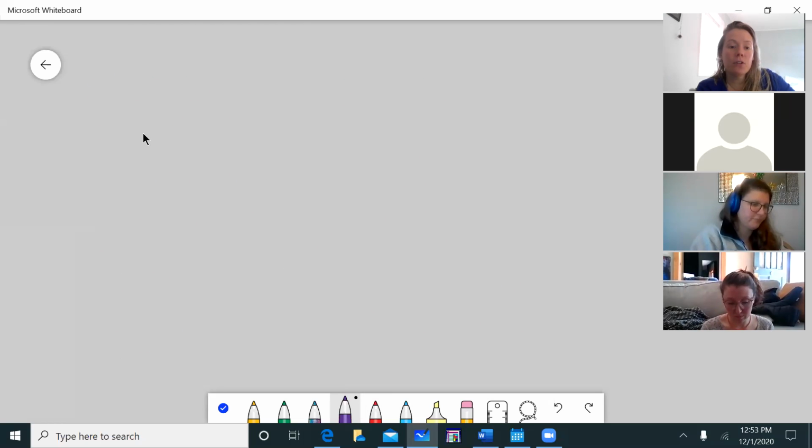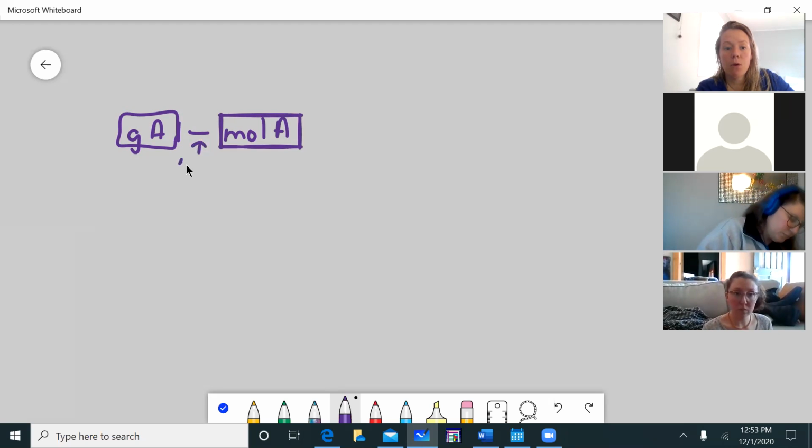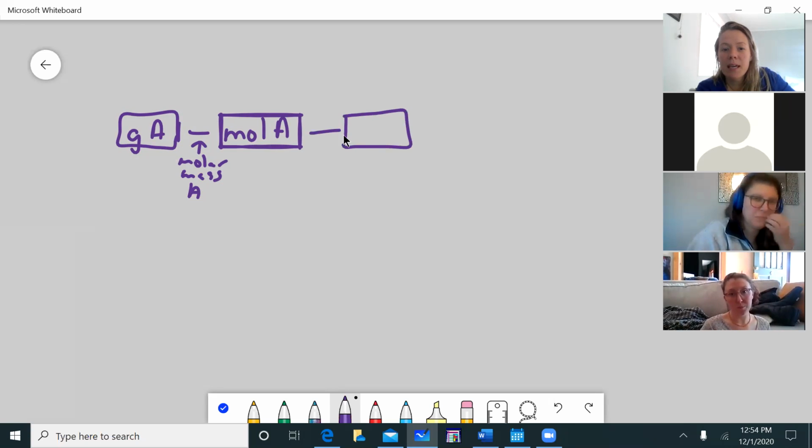So remember that flow chart where we had grams of A can be converted into moles of A. And we can convert from grams of A into moles of A using molar mass, specifically molar mass of whatever the A compound is. And then we can go from moles of A into moles of B, which is just a different compound.